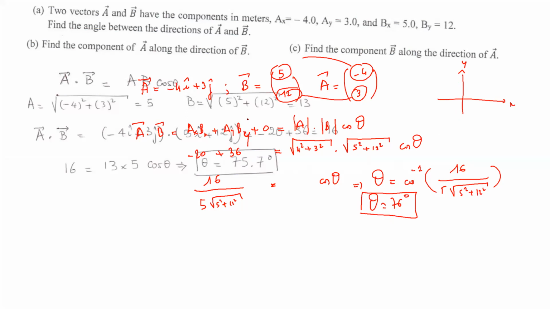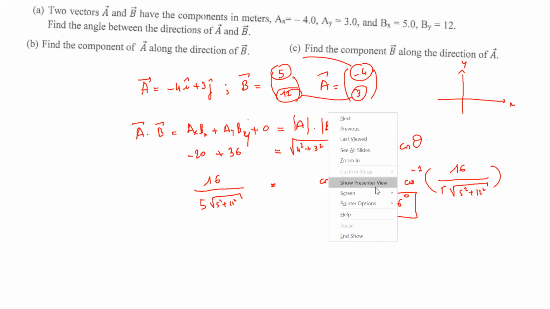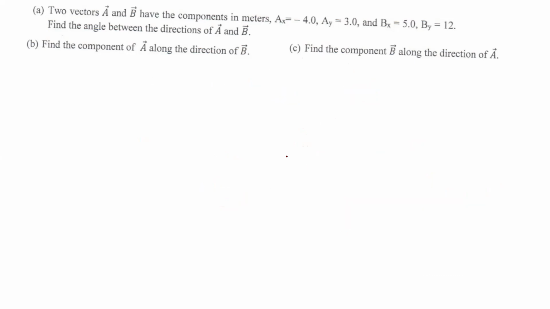The second question is to find the component of A along the direction of B, and then find the component of B along the direction of A. So this is also a very important question.